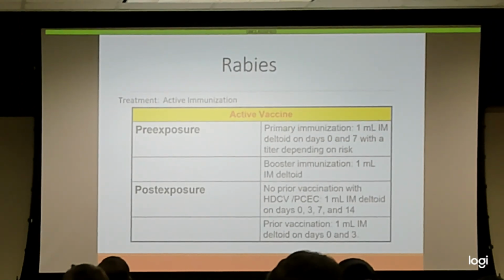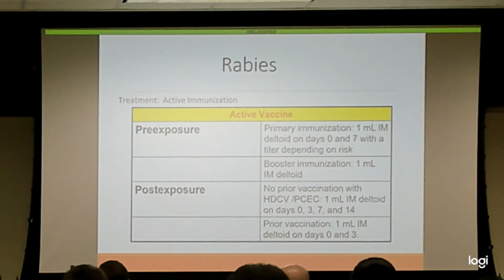So for pre-exposure, okay, primary immunization, it'll be, okay, 0 and 7, okay. Your booster will be every 1 to 3 years. It depends on what you look at, right? CDC versus World Health Organization, and then it really depends on clinical judgment based on what you are doing.